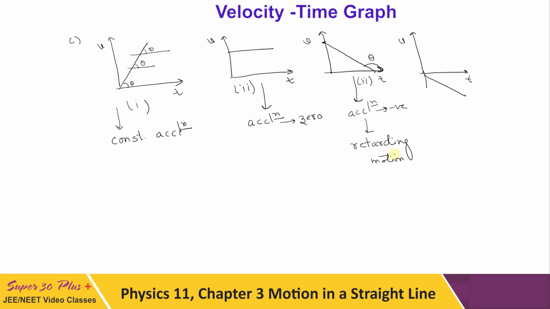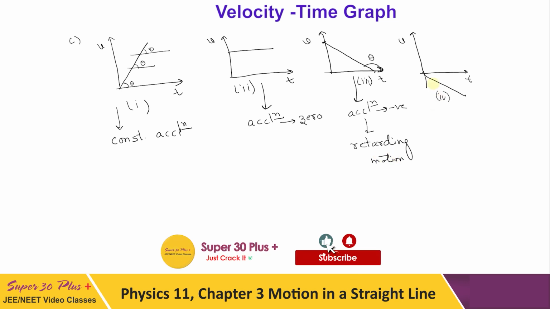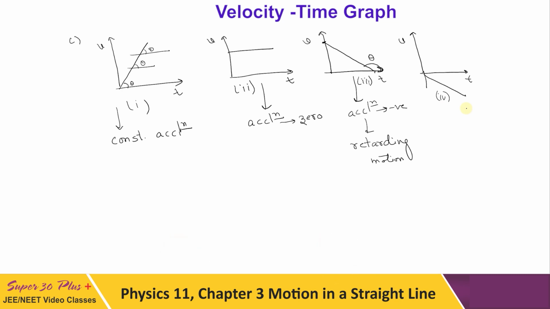Now come to the last graph. Velocity is increasing but in the opposite direction. So in this also acceleration would be negative, because acceleration is change in velocity upon time and velocity itself is negative. So acceleration is also negative, but it is not retarding. This is accelerating. Actually, it is accelerating in the negative direction.